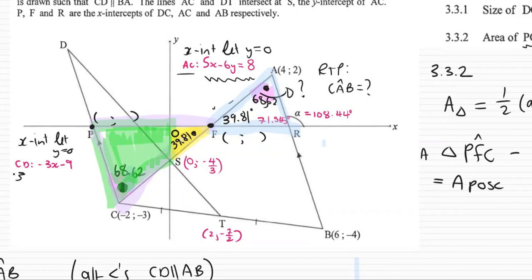So P and F we can easily gain, and we already have C, and those are the 3 points that we need. In order to use our distance formula, we can choose whichever sides. You only need to choose 2 of the sides.